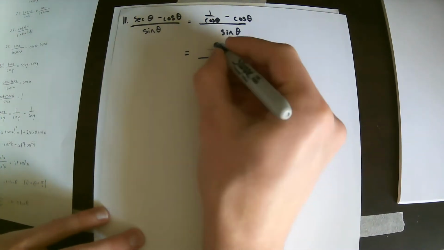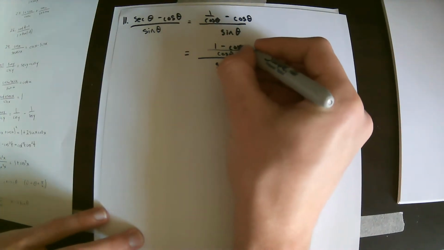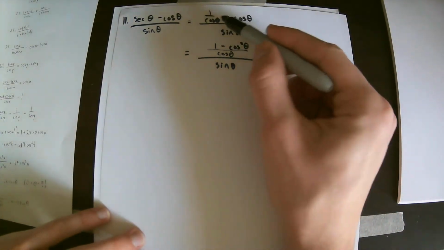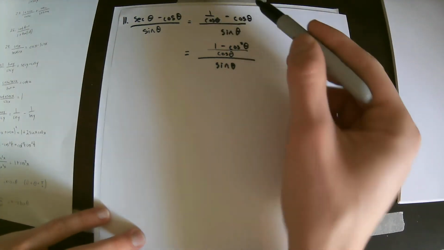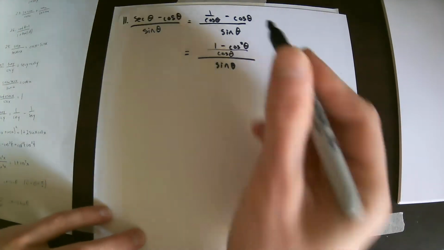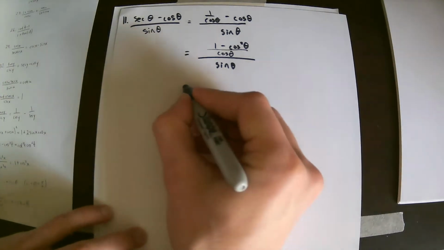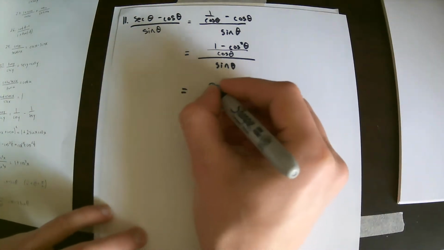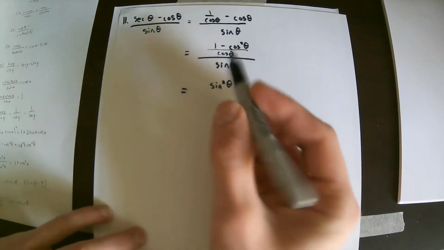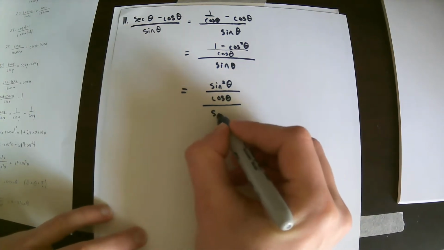So this is going to be 1 minus cosine squared theta. I'm getting a common denominator between these two, and just carrying that sine theta over in the bottom. But 1 minus cosine squared theta is equal to sine squared theta by the Pythagorean identities. So I have sine squared theta over cosine theta, and that's over sine theta.